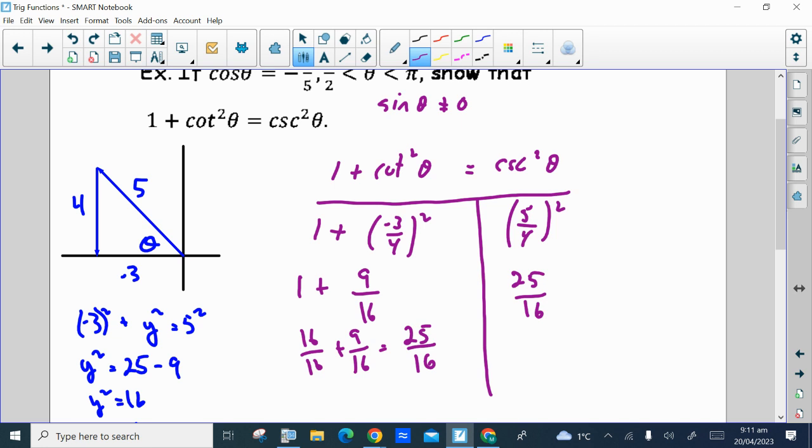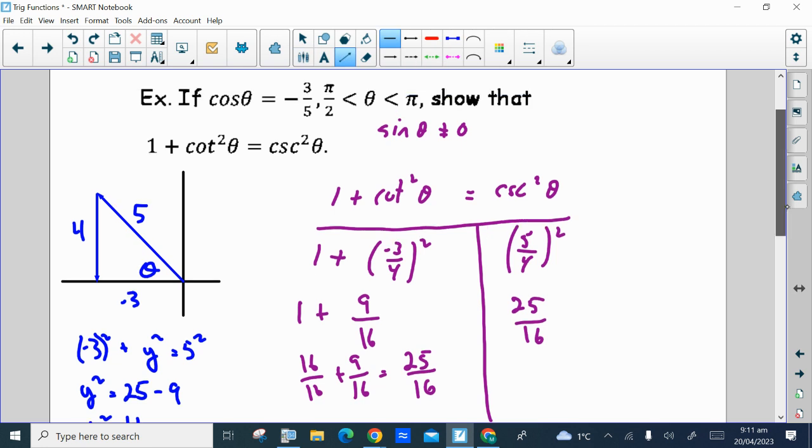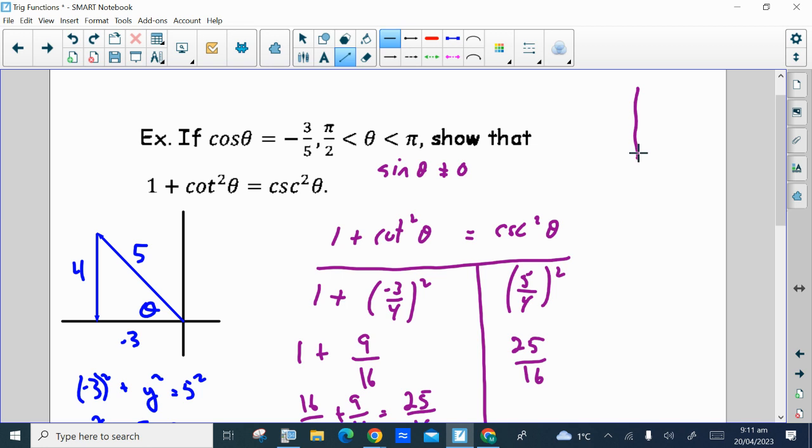our trig functions. And remember, from the unit circle, we can see where the sine of theta equals 0. Remember, the unit circle is a circle with a radius of 1.